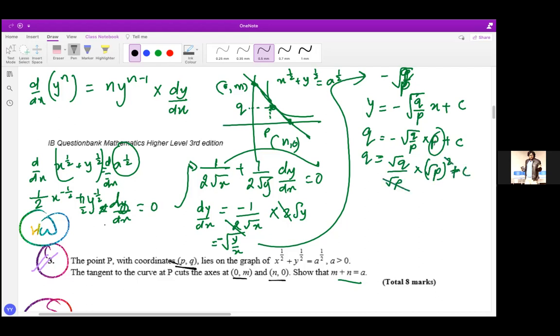So one of the roots cancels and you get negative here, of course. So you get c equals q plus root pq, because root q times root p is root pq, and if I move it to the other side, it becomes plus. So in short, we got the y-intercept, which is nothing but the value of m.